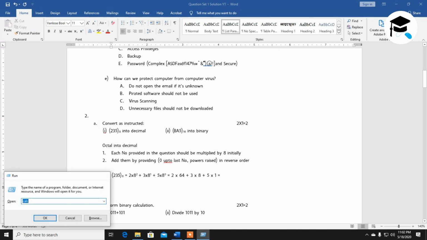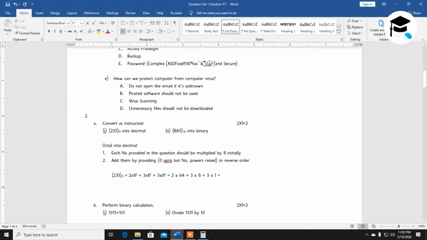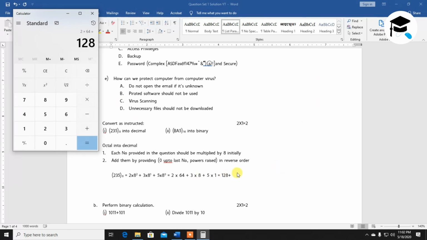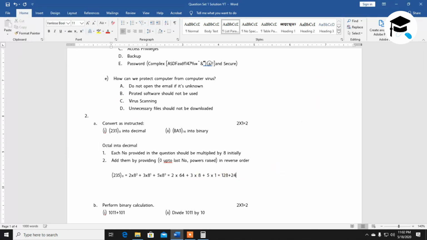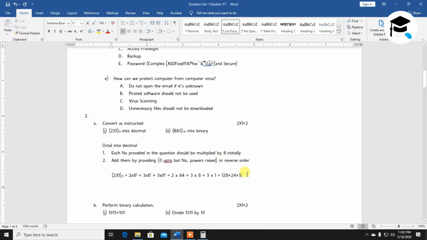Let me do it here in the calculator. 2 into 64, it's 128. 128 plus 8 threes are 24, plus 5. So let's add all these numbers: 128 plus 24 plus 5, it's 157.